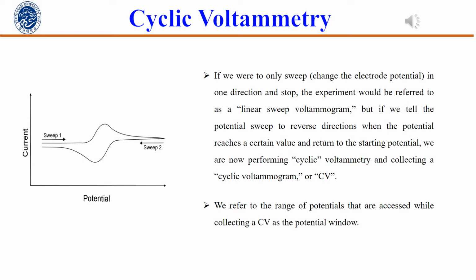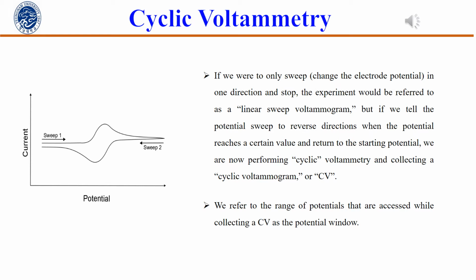Most electron transfers can be understood by thinking about the potential energies of the analyte and the electrons in the electrode. So in the entire mechanism of cyclic voltammetry, one thing we need to understand is that when we change the electrode potential by the instrument potentiostat, there is a change in the electron flow from analyte to electrode or electrode to analyte, depending on the potential energy of a molecule.